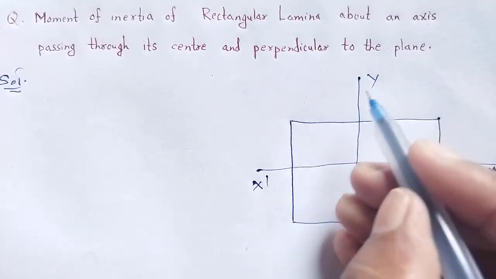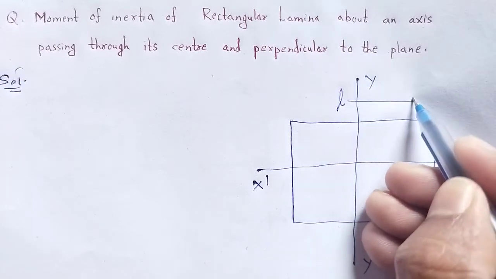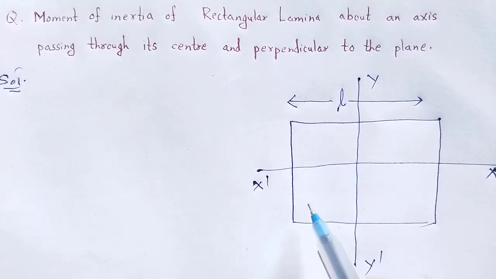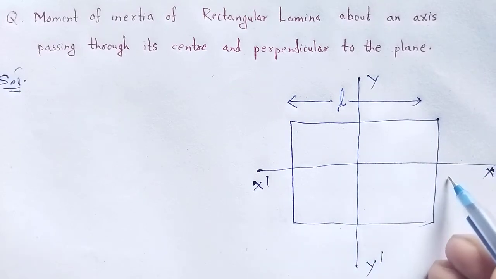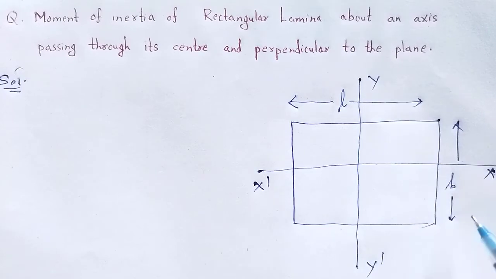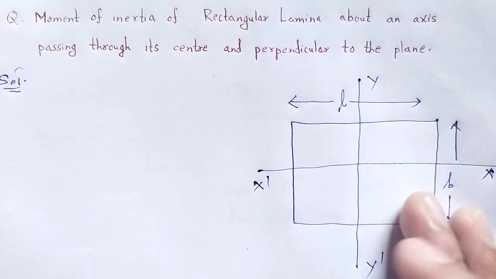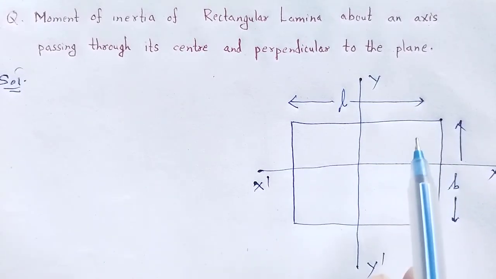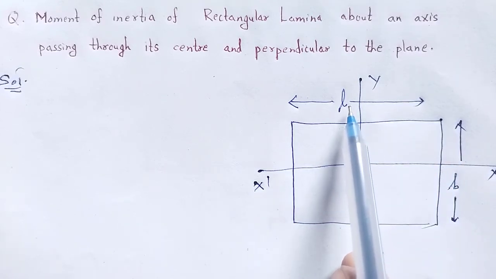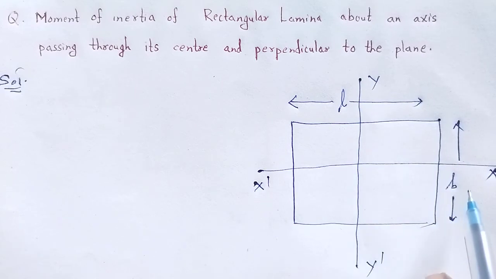The length, let it be l. The breadth, let it be b. This is the figure of the rectangular lamina having length small l and breadth small b.